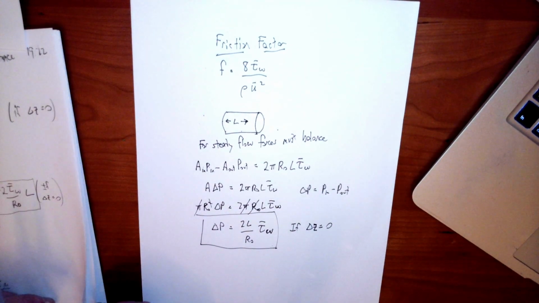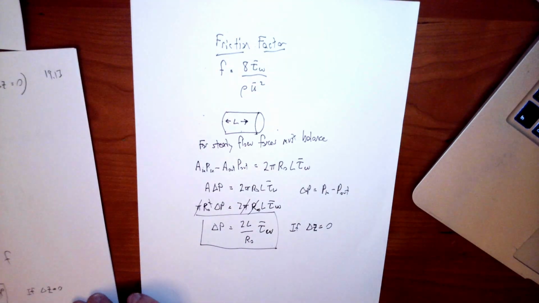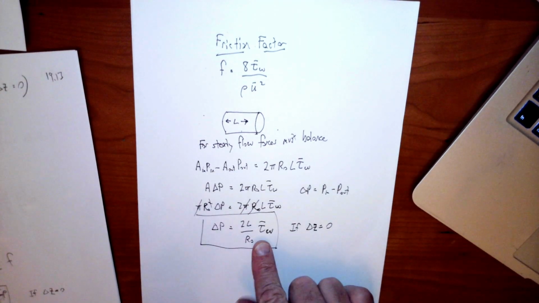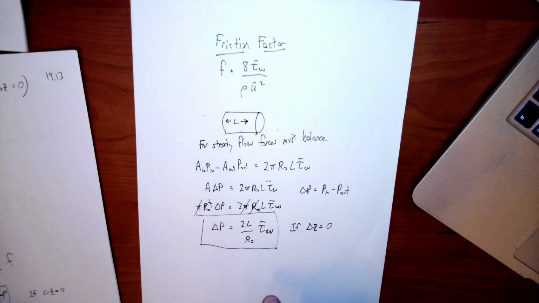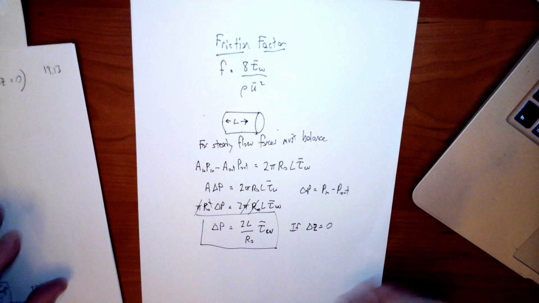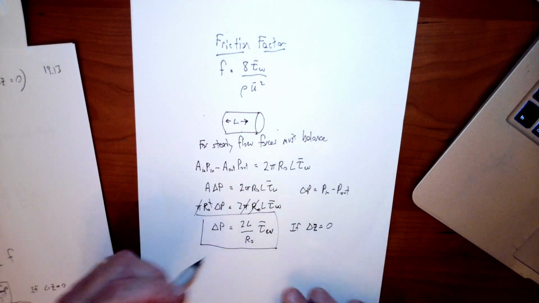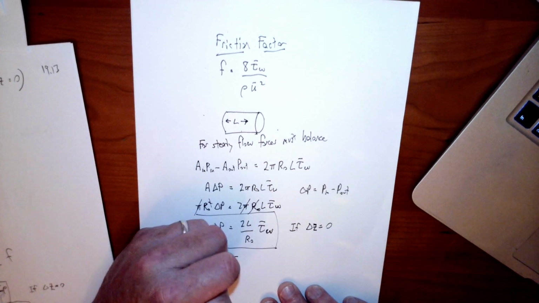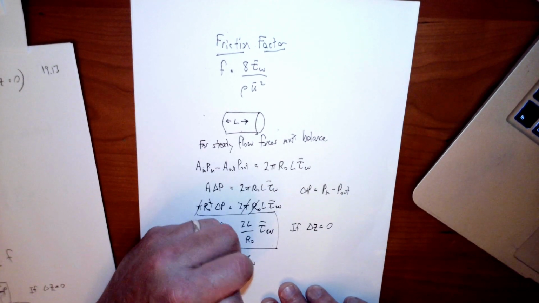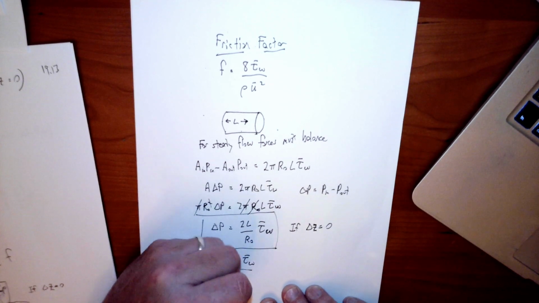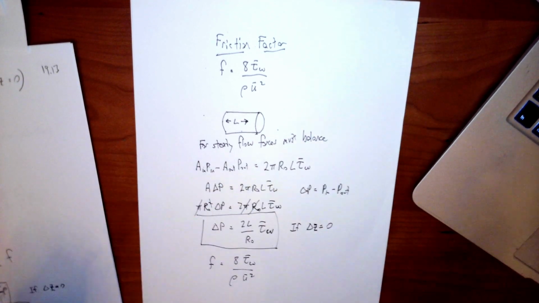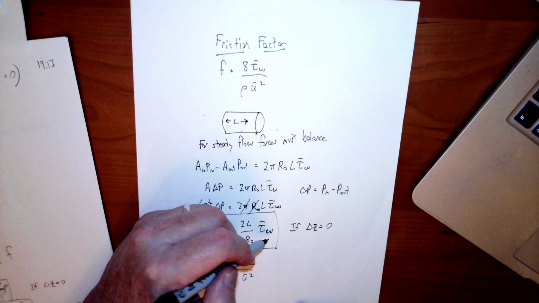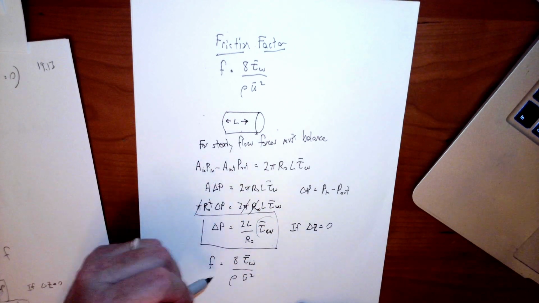But that's not actually what we want. What we want is to relate all of that to the friction factor, not to the wall shear stress, because we don't know the wall shear stress. So let's go ahead and see if we can do that. The definition of the friction factor is F is equal to, as we said above, tau average over rho U average squared. And so we want to replace this with this using the friction factor.